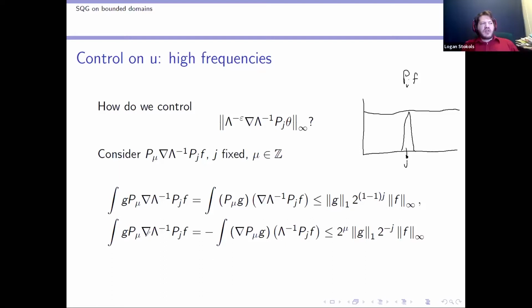But if you just integrate by parts again, and put the gradient on this P_mu of g, you find out that if you look at the low frequencies, they decrease exponentially. And the high frequencies increase exponentially, but we already know they were bounded by a constant, so you end up with a thing that looks like this.